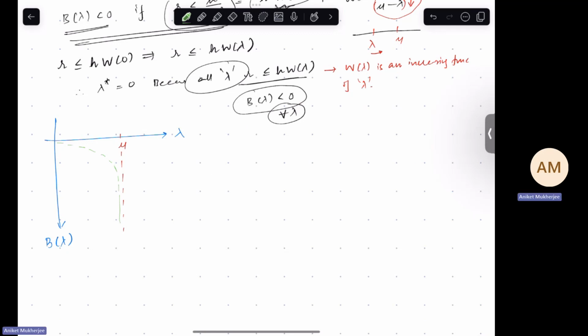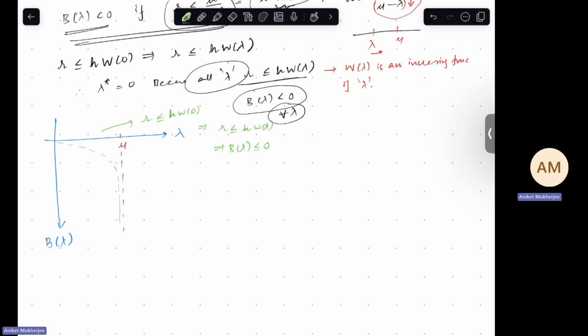So this is when R is less than or equal to H W(0). If this happens, then this implies that R is less than or equal to H W(lambda). If R is less than or equal to H W(lambda), this implies B(lambda) is less than or equal to 0. If it is less than or equal to 0, the maximum that you can achieve is 0.